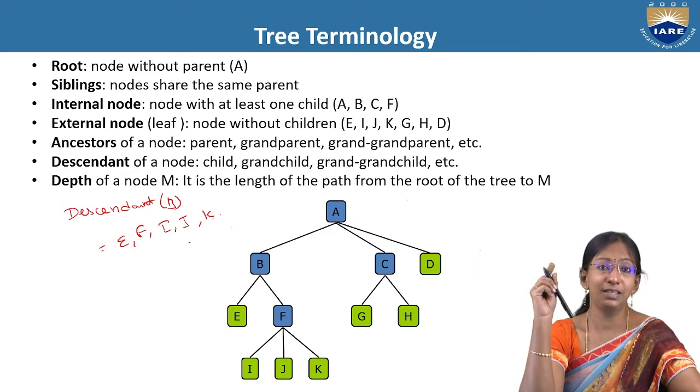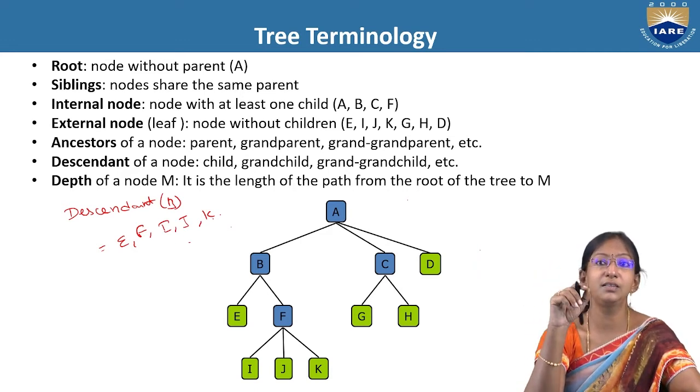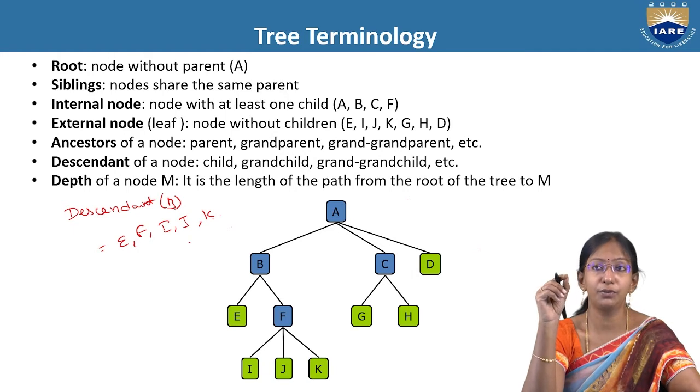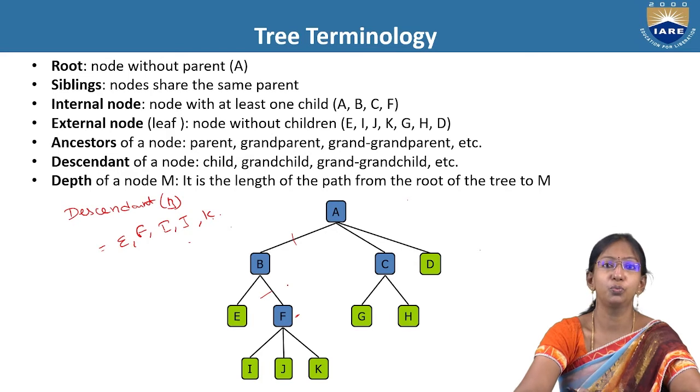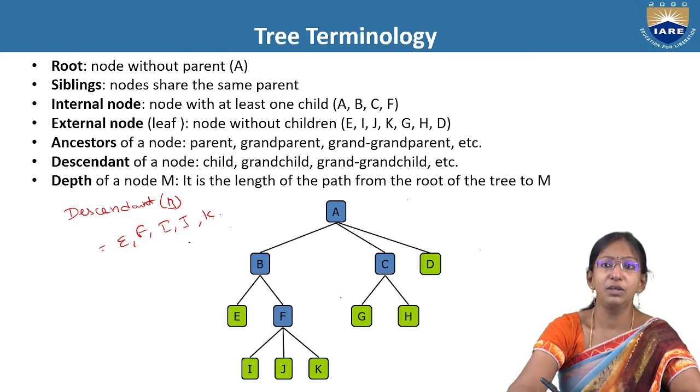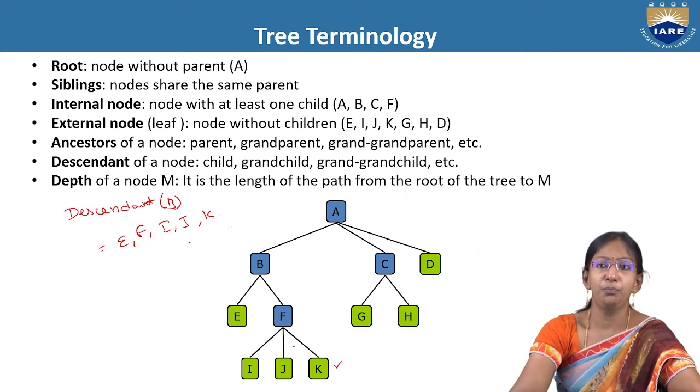Then, what is the depth of a node? It is the length of the path from the root of the tree to the node, right? When I'm talking about the depth of F, from the root, the depth is 2, right? Two edges it is sharing to reach the root. What is the depth of K?